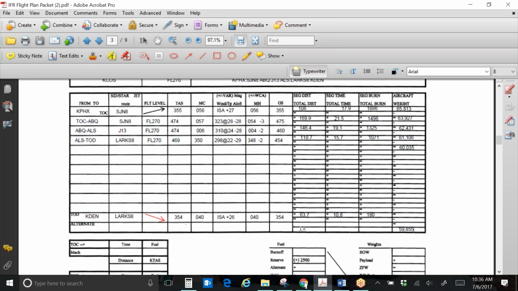Add up our total distances here. So I have 106 plus 169.9 plus 146.4 plus 118.7 plus 63.7. Got a total distance of 604.7.